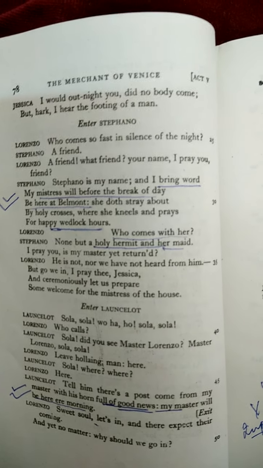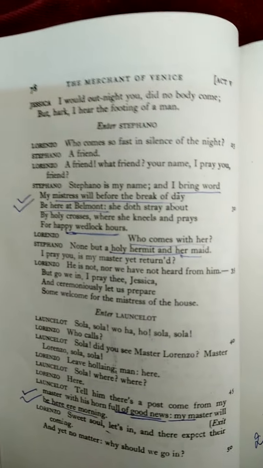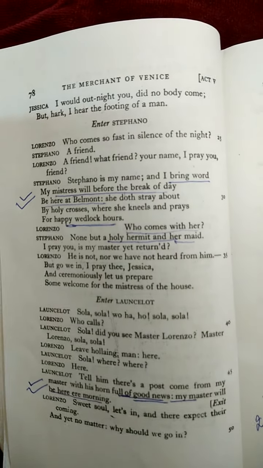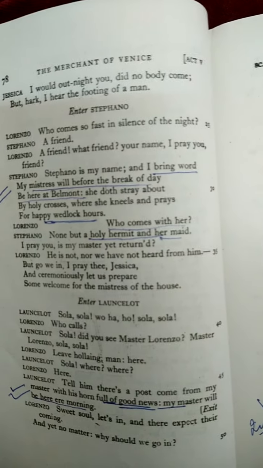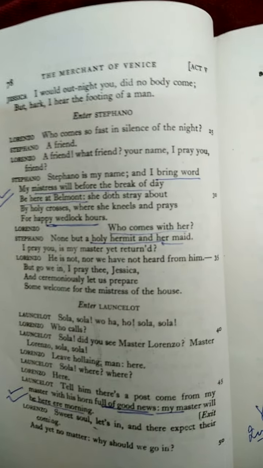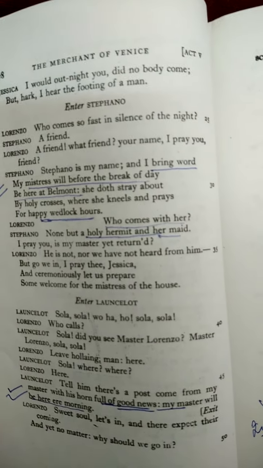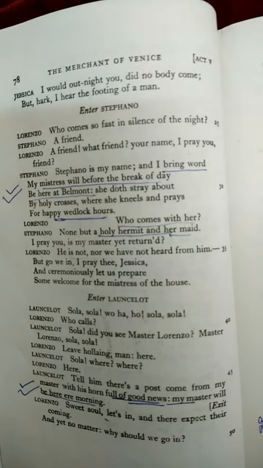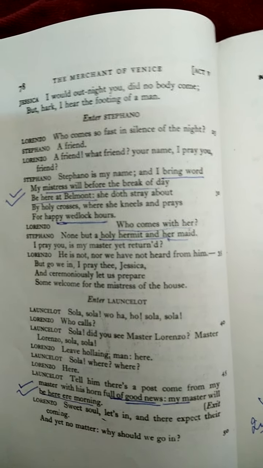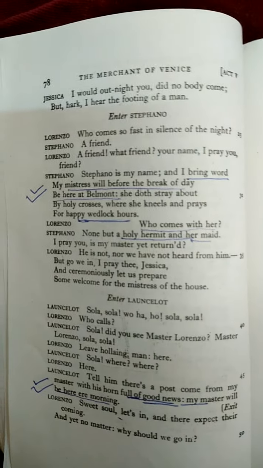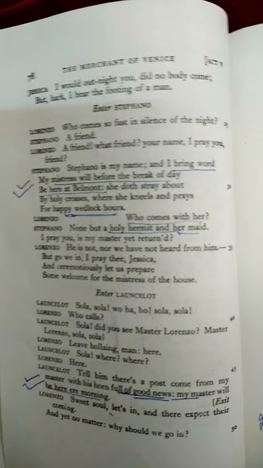And why is this information important? Because all the characters are now going to have an important discussion and interaction, especially the quarrel about the ring, and it creates a hilarious impact when we come to know that Portia is inquisitive. There is irony of situation, because Portia knows very well the identity of Antonio and Bassanio.